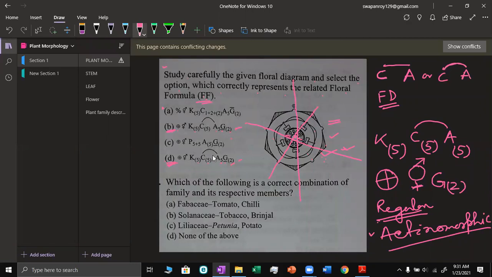In option D, this one is a perfect arc, but in option B, this is not a perfect arc, it seems to be part of an oval. So this one is not correct here.